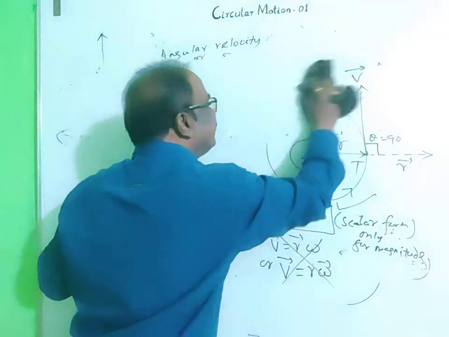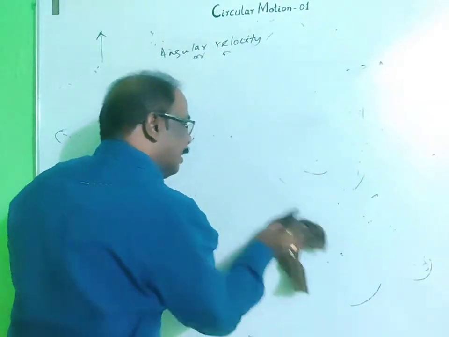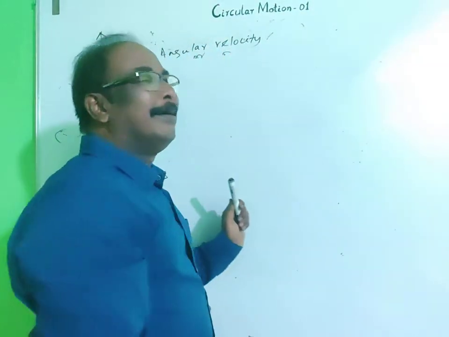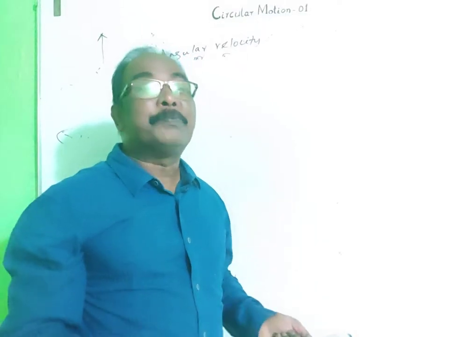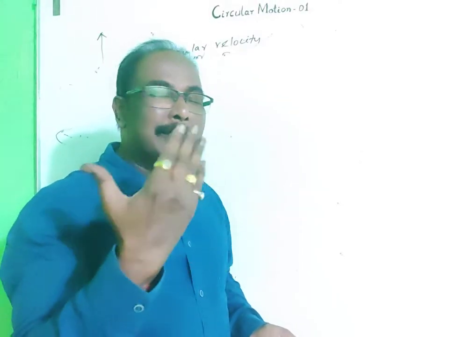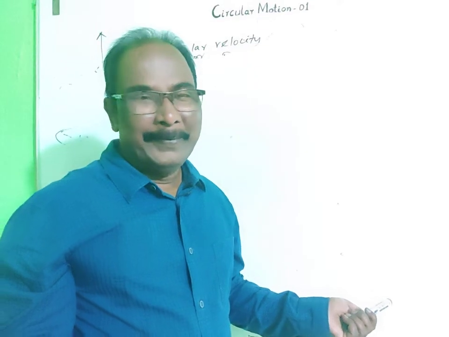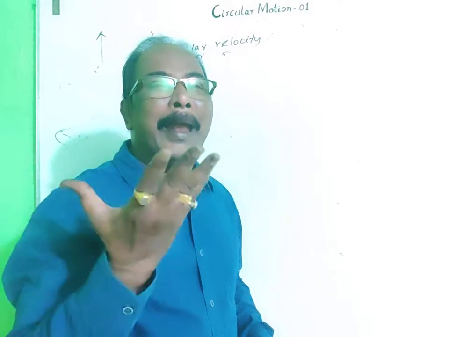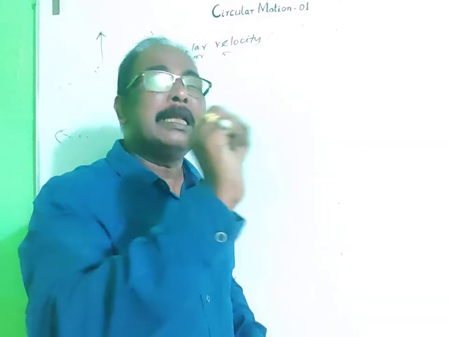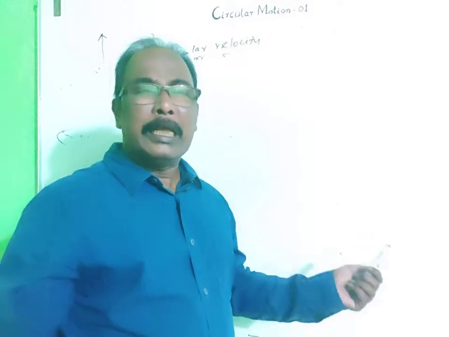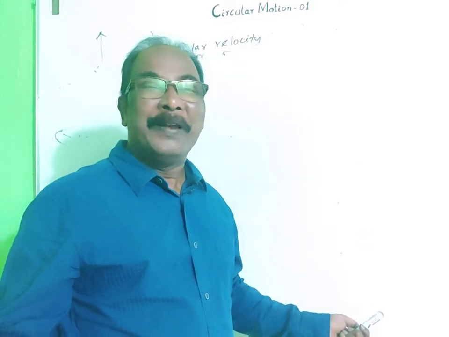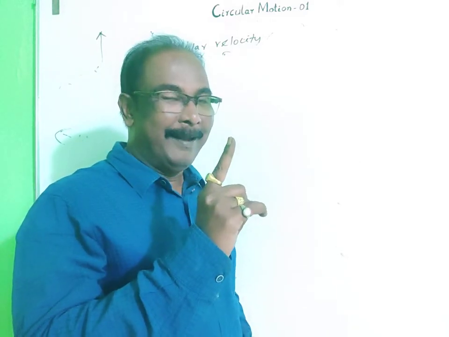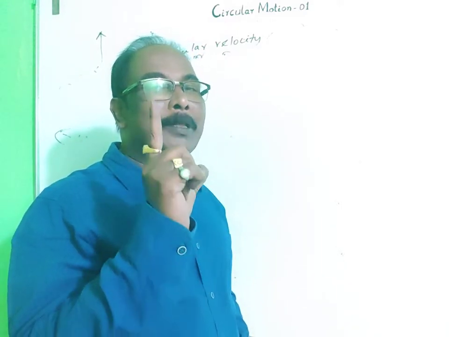Angular velocity. Angular velocity means the particle is moving in a circle and an angle is subtended at the center, means the position of the particle is changing along the circle and the angle is changing. This is the concept. As we have discussed in kinematics, the position of a particle depends upon the position of the observer and the frame of reference of the observer.